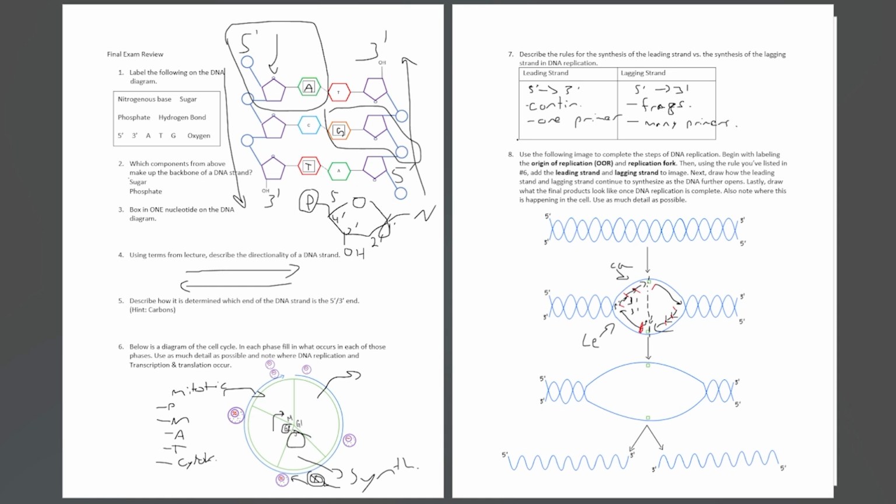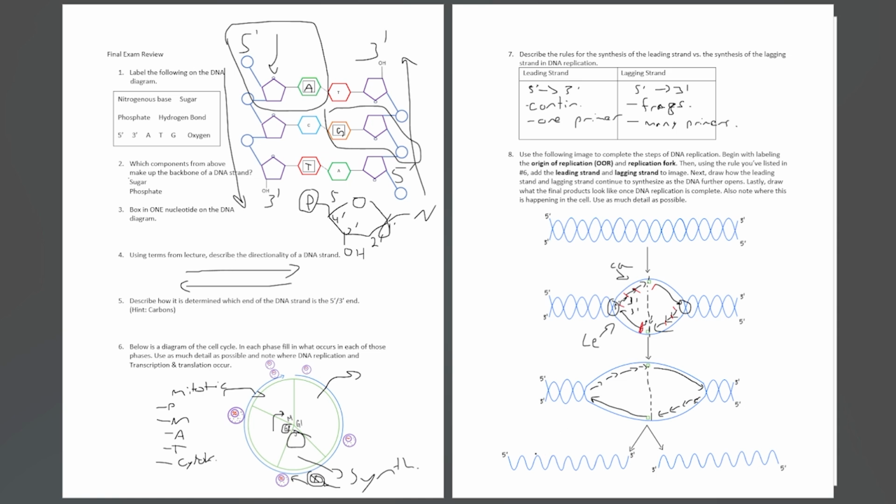Okay, cool. These green squares are going to be our origin of replication, right? And like I said, as the DNA is being unzipped, we have our replication forks, and we have our lagging and leading strands. Once we pass the origin of replication, the roles reverse, and the lagging becomes the leading, and vice versa.